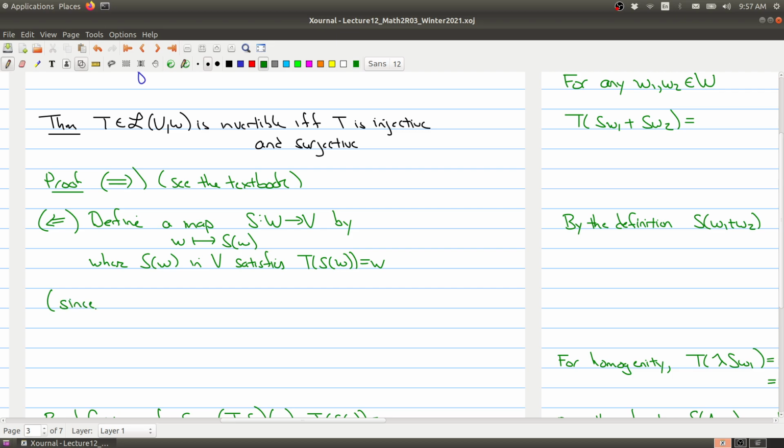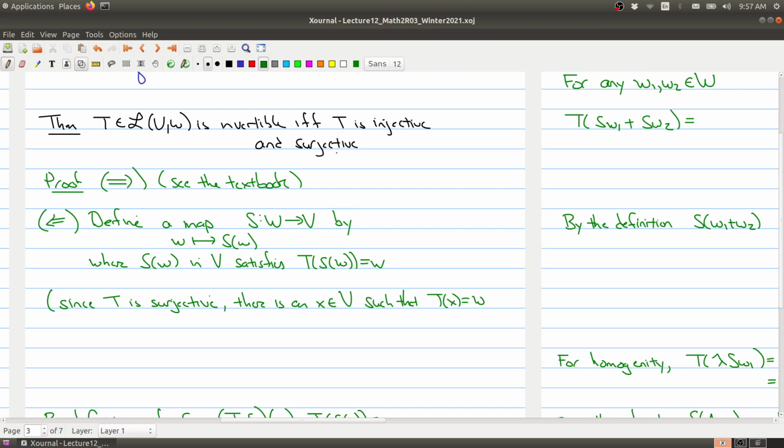Since T is surjective, there is an x in V such that Tx is equal to w. Here we're using the surjective property.